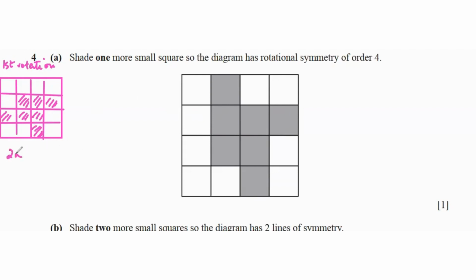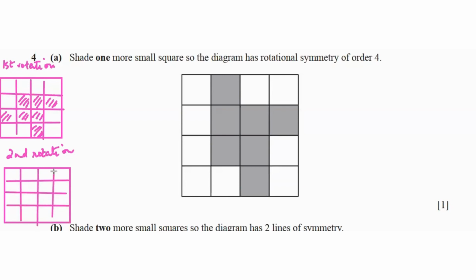Now for the second rotation, this line will be over here, and this will be over here, and we will have two colored ones over here. This is the second rotation.